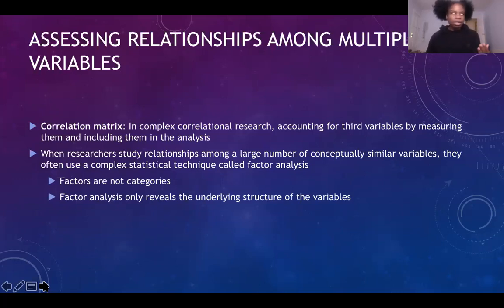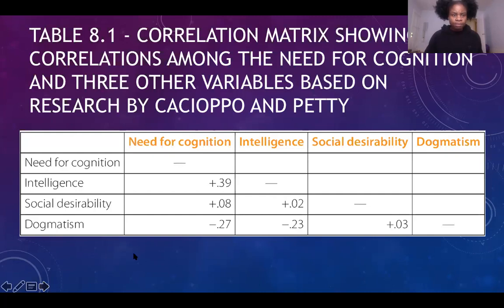Just some vocab that sticks out in this section. One is a correlational matrix. A correlational matrix shows a correlation between every possible pair of variables in a study. For this one, I want us to refer to table 8.1, not figure 8.1.